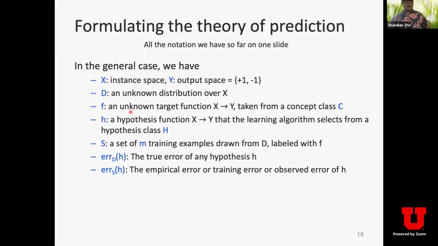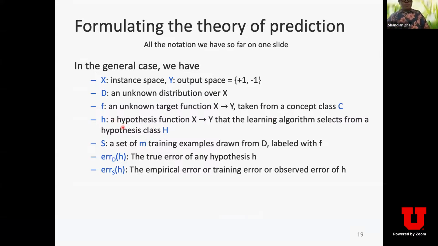And then we assume that there is some unknown target function mapping from the instance space X to the label space Y, and this unknown target function comes from a concept class C. The concept class C just defines the type of target functions you want to learn. Okay?